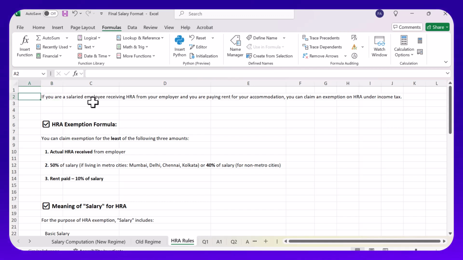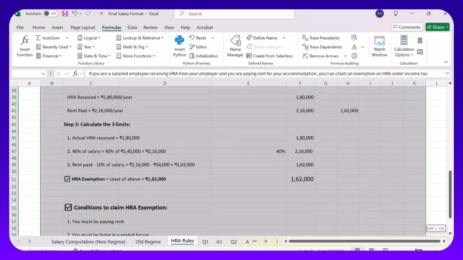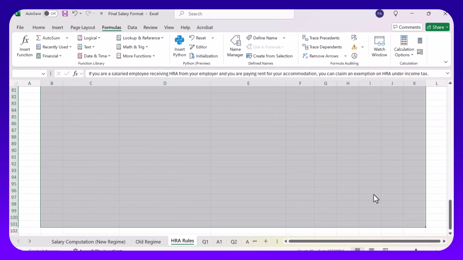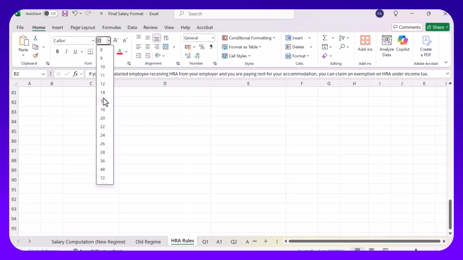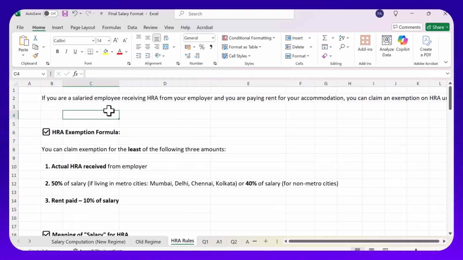Just read row number two. Row number two here. Should I make it a little bolder? Okay, I'll make it a little bolder so that you can read it.